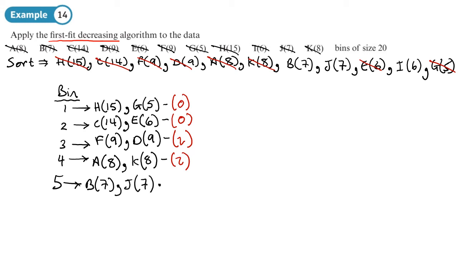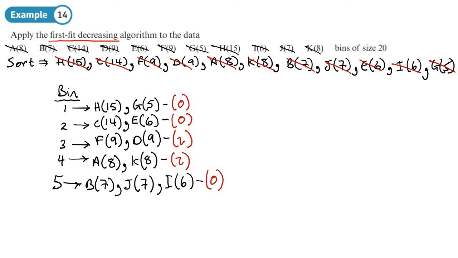We've got 6 units of space left, so we can fit I in there. And this bin will be completely full. So B, J and I, which means now we've used all of the items. Notice, compared to the previous one, we only use 5 bins and there is less wasted space.